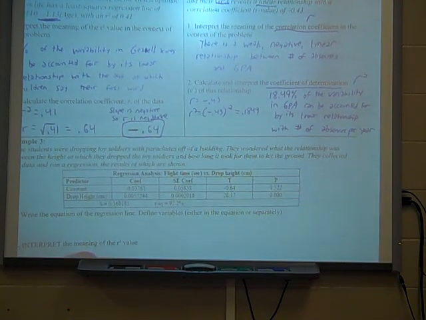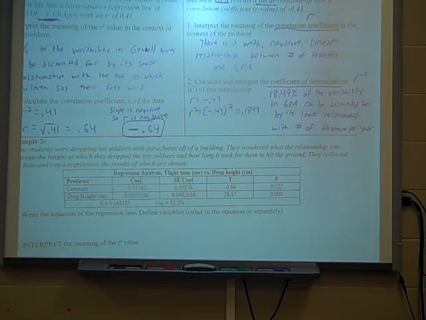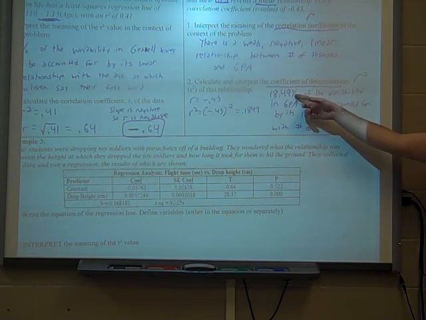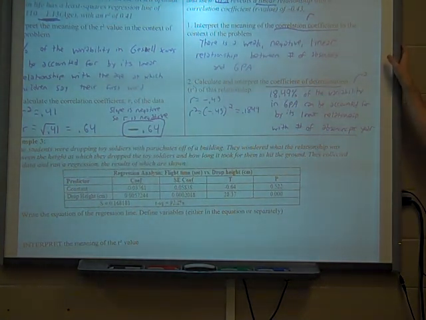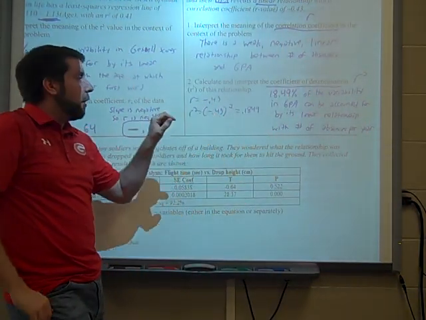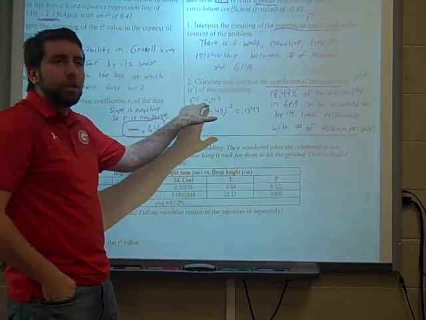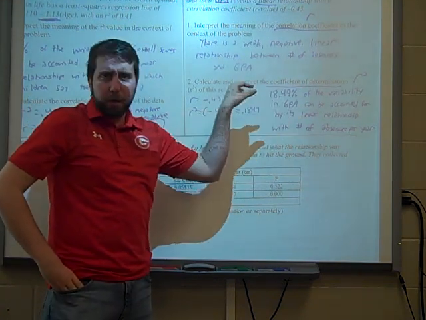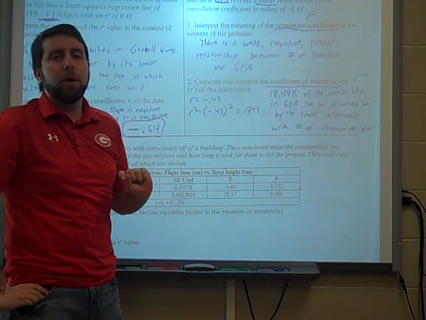There it is. So 18.49% of the variability in GPA can be accounted for by its linear relationship with number of absences per year. Now you notice this isn't all that big of a percentage, right? The reason is because our R value is fairly weak. That's not a very strong relationship. It's a fairly weak relationship, which means not a whole lot of this variability is explained by an explanatory variable.